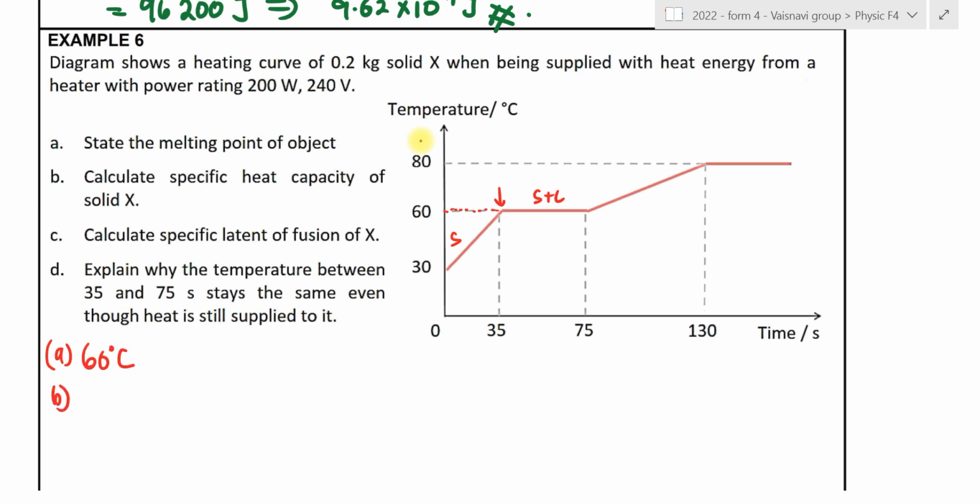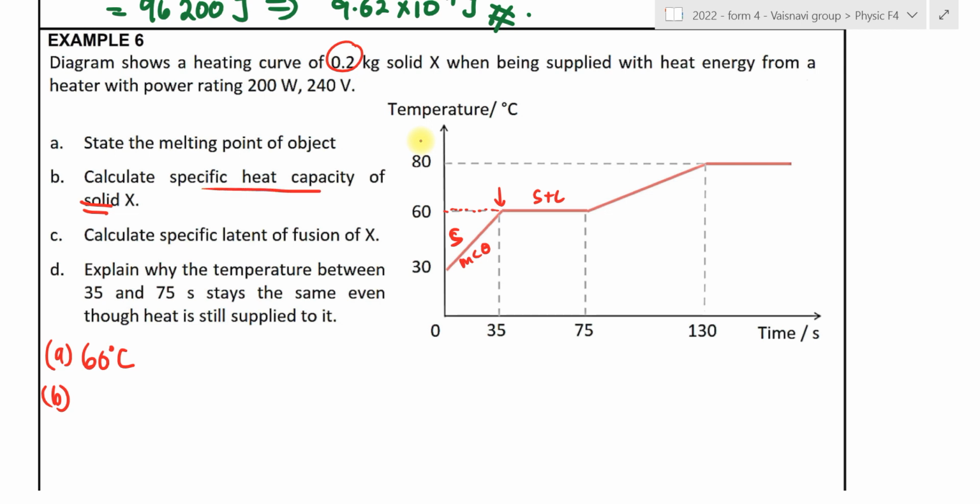Question B. Calculate the specific heat capacity of solid X. Okay, specific heat capacity means mcθ, they said solid. That is the keyword. Solid is this side. So this side lah mcθ. So mass dia 0.2 kg.